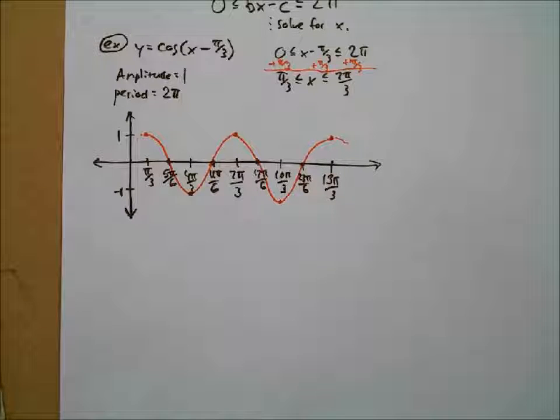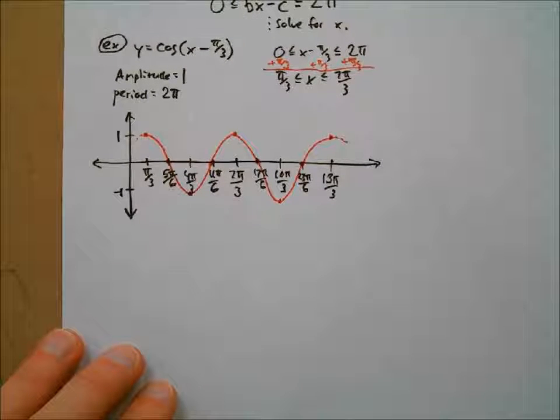Good question. You can label enough to establish a scale, but you have to be careful here because the scale that I'm counting by here is technically not equal everywhere.